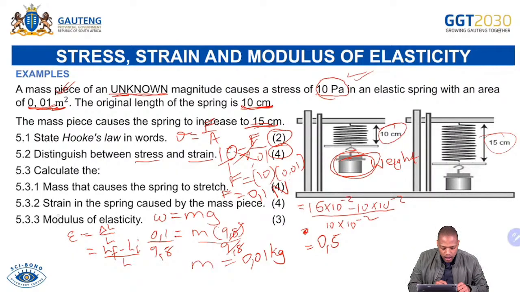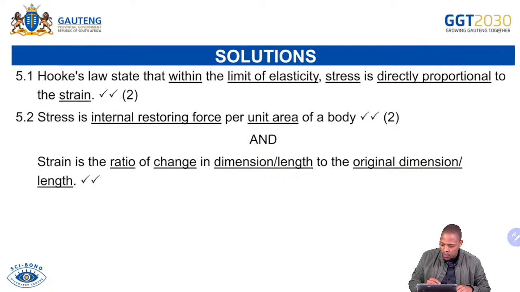Last question, calculate the modulus of elasticity. The modulus of elasticity will be the stress over the strain. As I'm running out of space here, I'll calculate it here. K is equals to the stress over the strain.